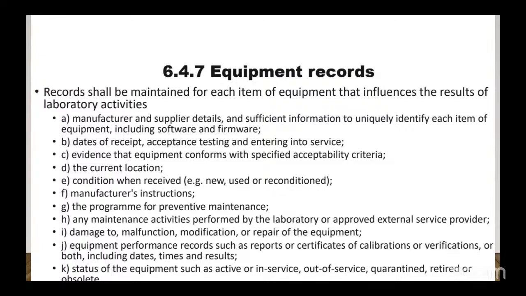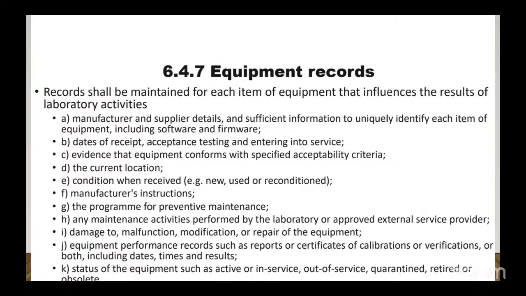Okay, now 6.4.7 talks about the equipment record. So what should be contained in an equipment record? The manufacturer and the supplier details have to be there for each equipment. So it is expected that you open a file or a folder for each equipment. Sufficient information to uniquely identify each item of the equipment, including the software and the firmware, if applicable.